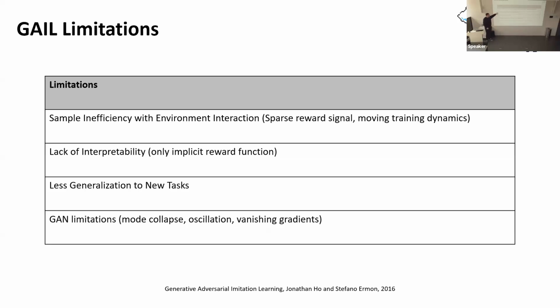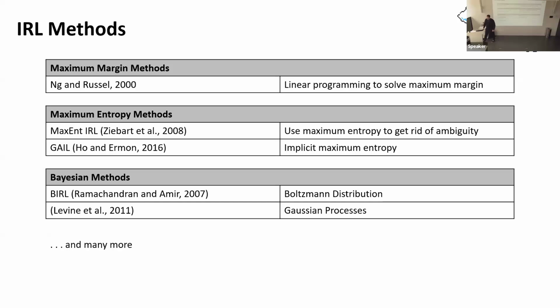We have a lack of interpretability because the reward function gets implicitly trained during the algorithm. We have less generalization to new tasks. And since this is similar to generative adversarial networks, we still have the same problems from GANs like mode collapse, oscillation, or vanishing gradients.